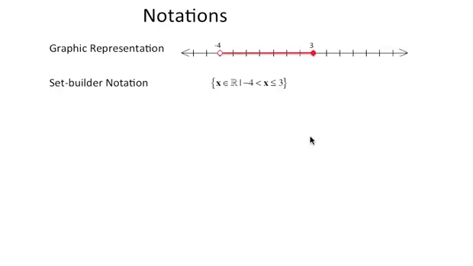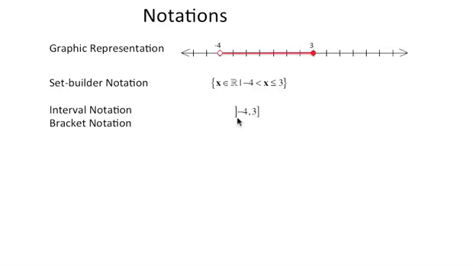The other notation is called interval notation, and the book sometimes calls it bracket notation. What we do is this. The -4 is not included, so the bracket turns its back on the -4. And here the 3 is included, so the bracket turns towards the 3 and gives it a hug.